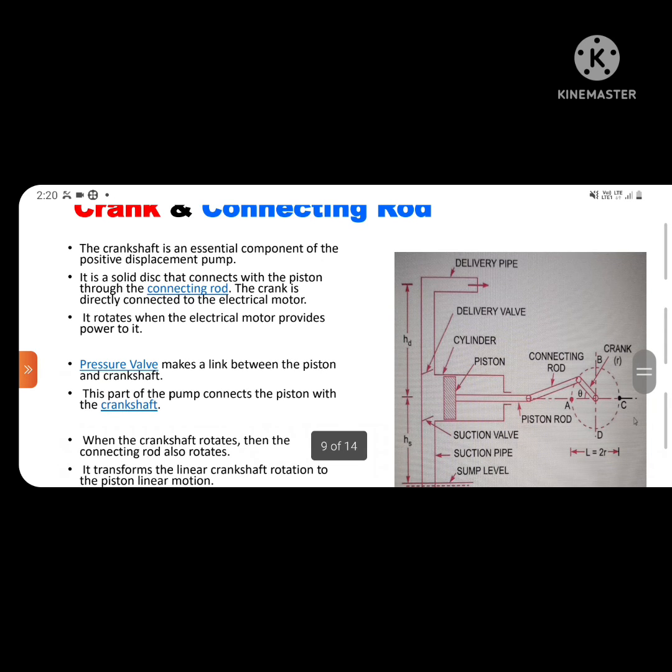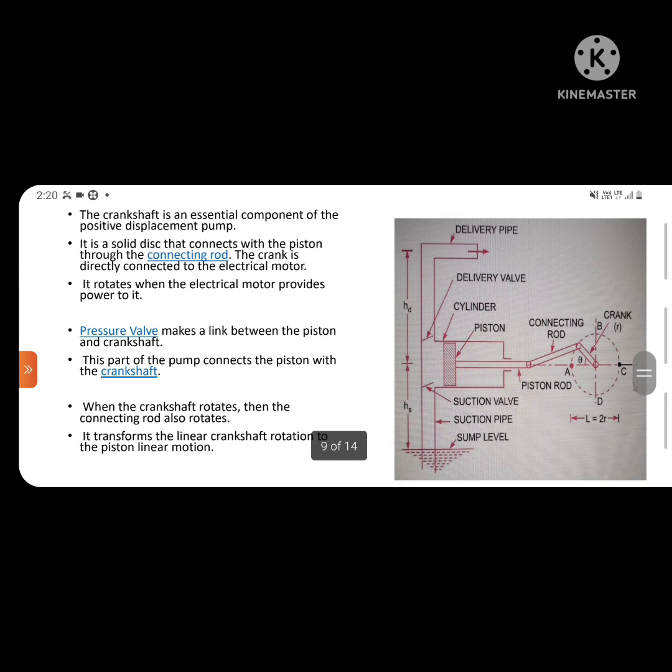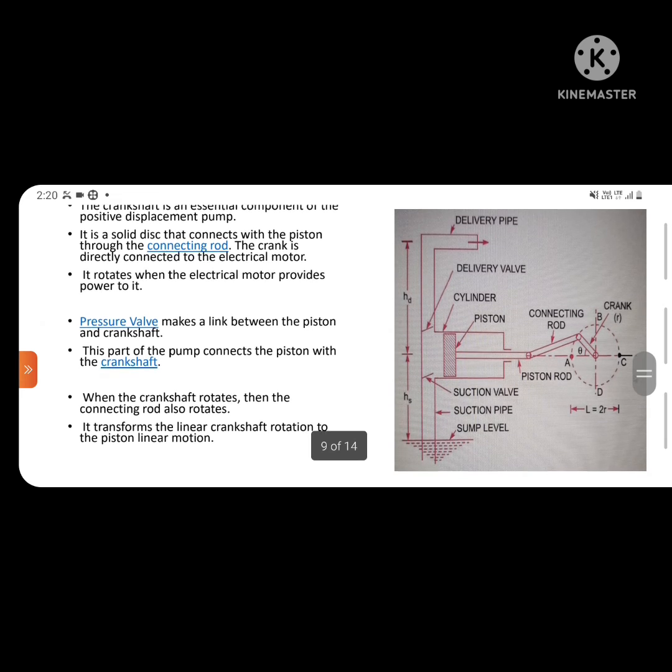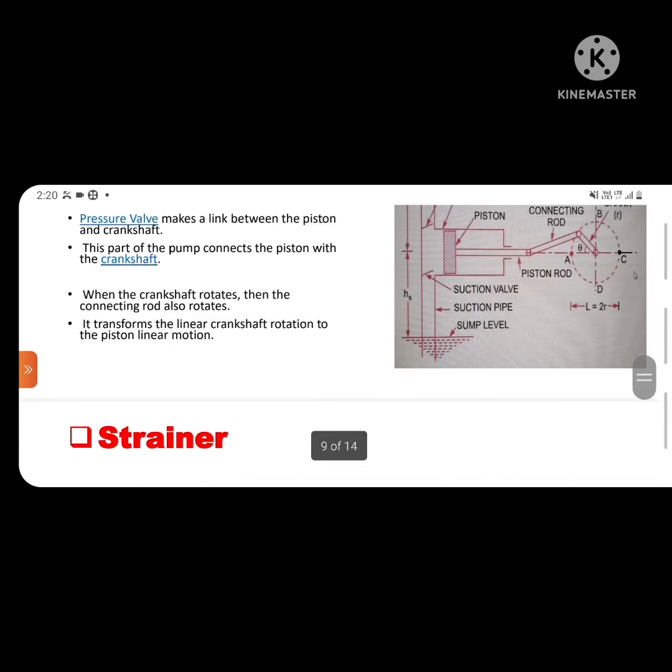The rotary motion of the crank is converted by the connecting rod into a forward and backward motion. This is the part of the pump that links the piston with the crankshaft.